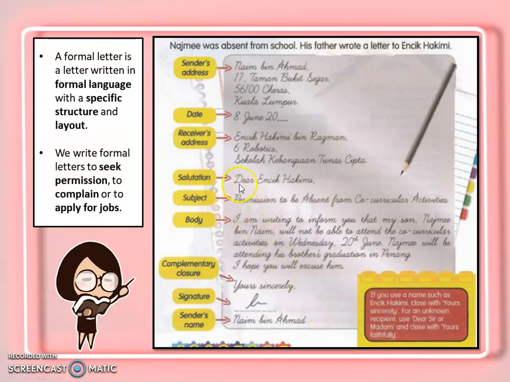So if in your salutation you say here, Dear Sir, there's no name, unknown receiver, so for the complimentary closure, you have to use yours faithfully. Okay? Take note of the difference. If there's a name, you use yours sincerely for the complimentary closure. If the receiver was unknown, you use yours faithfully. Okay, do you understand that?